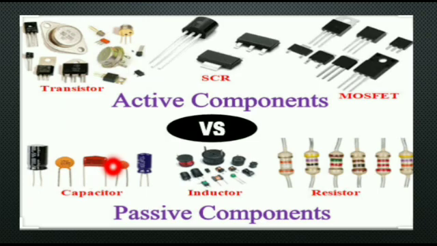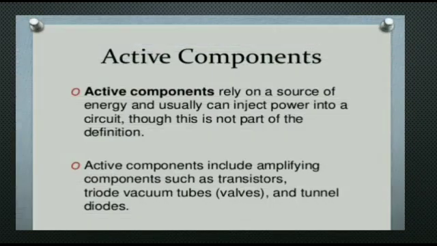Come to this side: capacitors of various sizes, inductors of different types, and resistors of different values. So electronic components are divided into active components and passive components, right? Okay, students. First, active components.